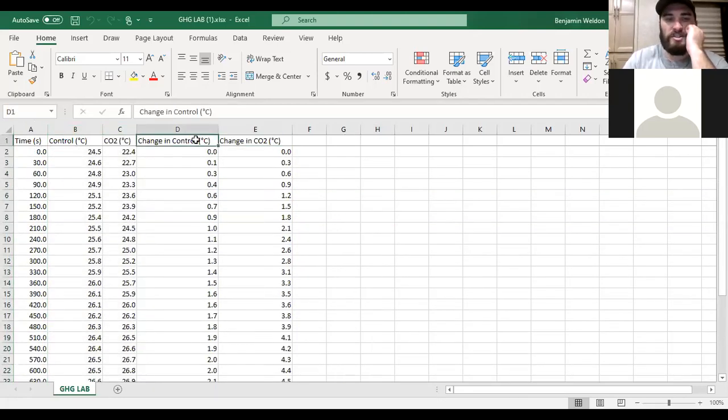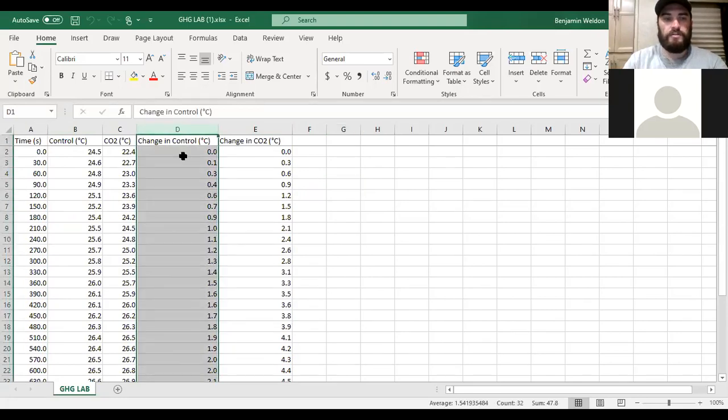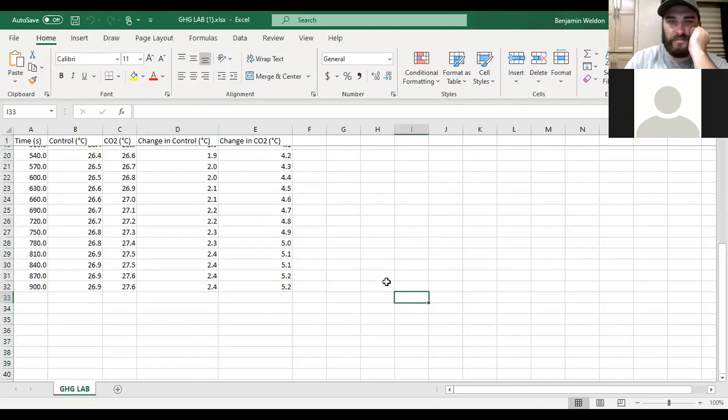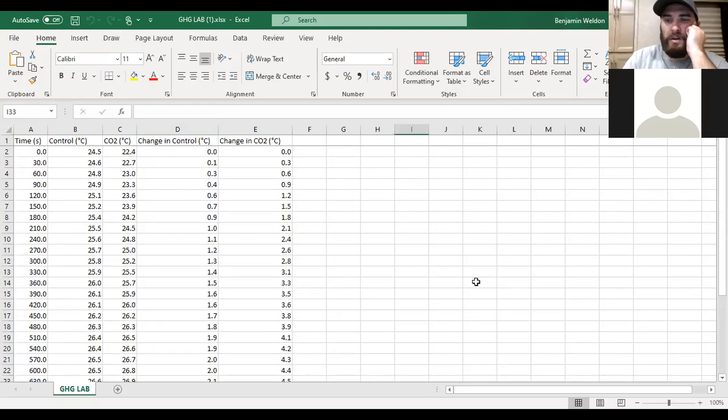And then these are just the change from your base, or what the temperature you started at to this temperature. So essentially, if you were looking at this control, it's going to be every second here, and then you just minus out your initial time at 0 seconds, and that'll give you this change. So what we want to graph is these two changes over time.